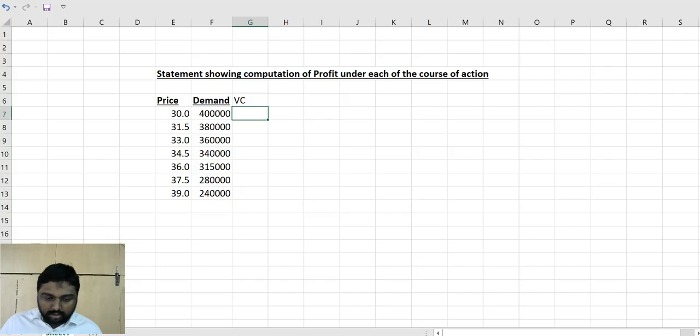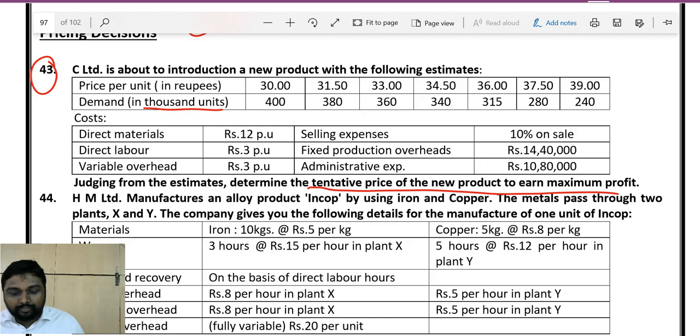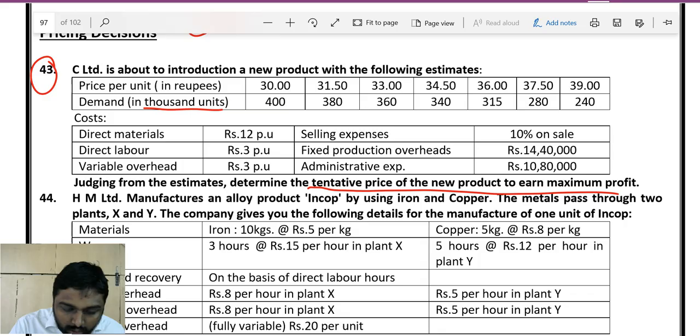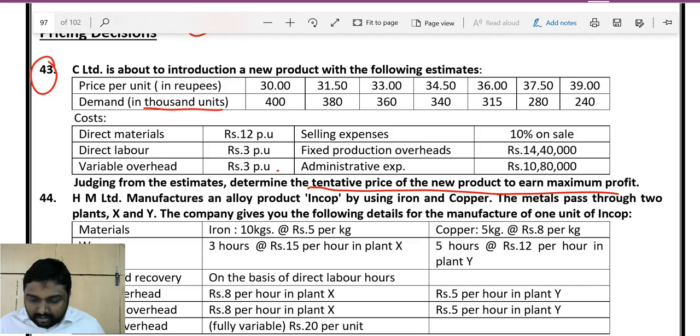Variable cost. Are you ready? So variable cost will be what? 12 plus 3, 15, 15 plus 3, 18, 18 plus 10 percentage of selling price.